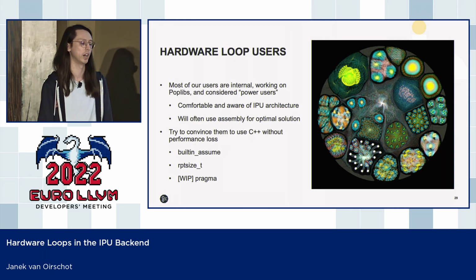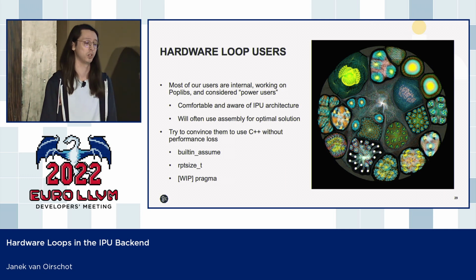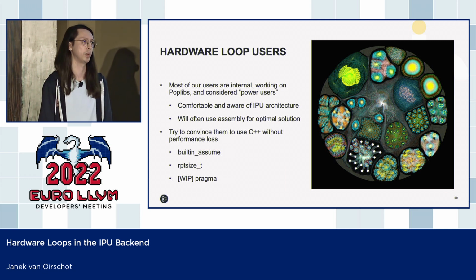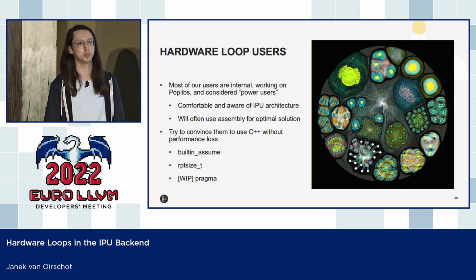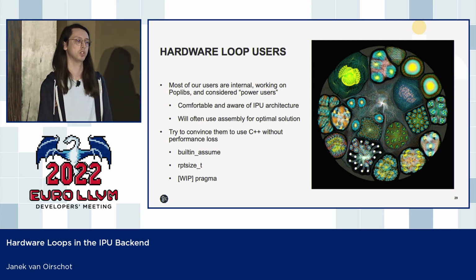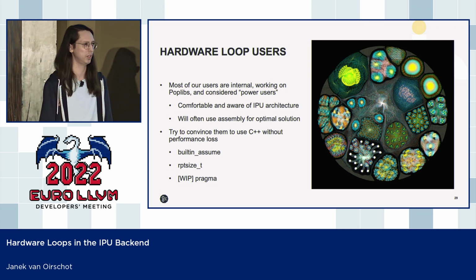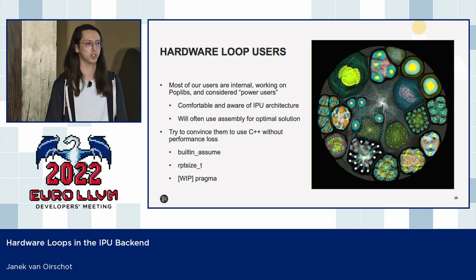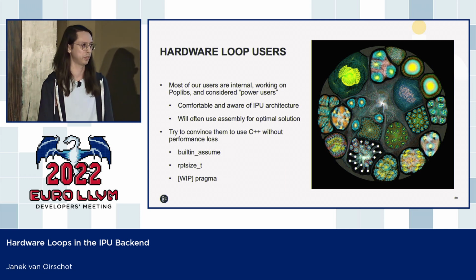So a quick note on our users. Most of our users are internal, and they're working on the poplibs libraries as part of our Poplar software stack. They are what I would consider power users because they are very comfortable and aware of the IPU architecture and know how to really squeeze performance.